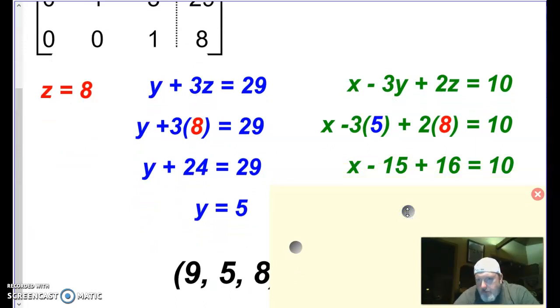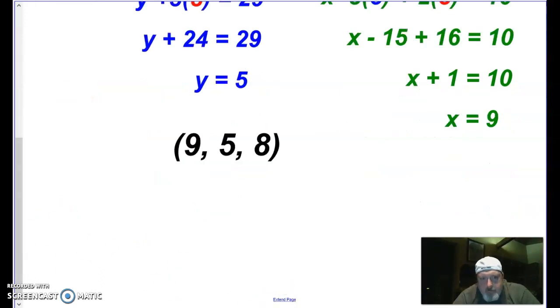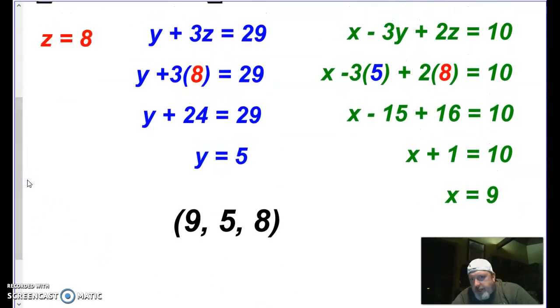And so we'll multiply, and negative 5 plus 16, that'll give us 11, so x plus 1 equal to 10. Move that 1 over, and so when I move that 1 over, now I get x equal to 9, and now I have my 3 numbers, 9, 5, and 8.